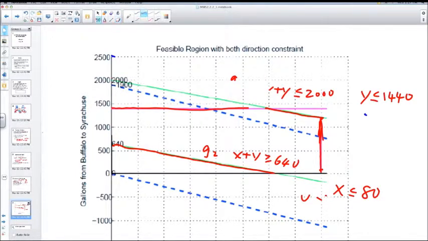So our feasible domain is this polygon. So we have A, B, C, D, E, F, 6 extreme points.